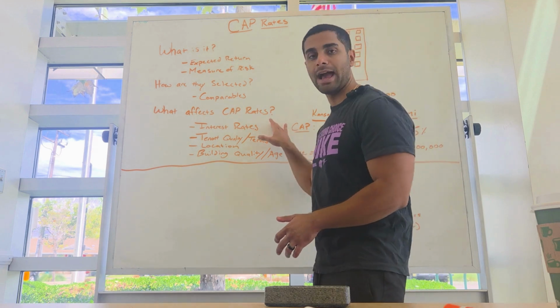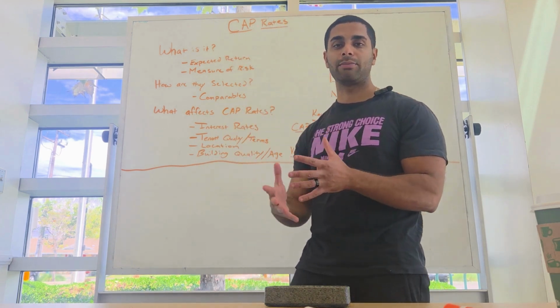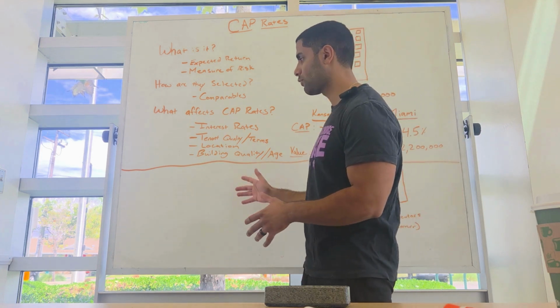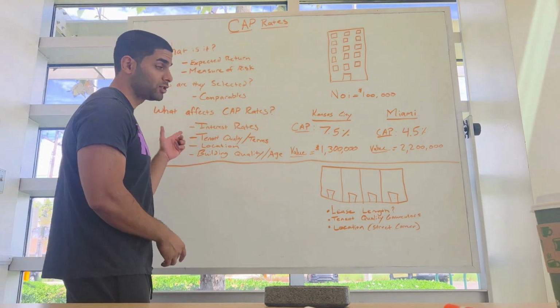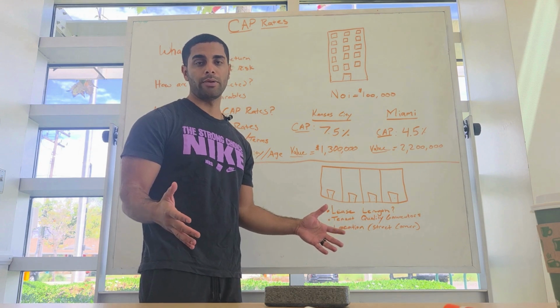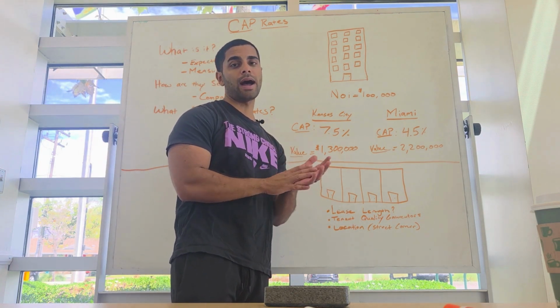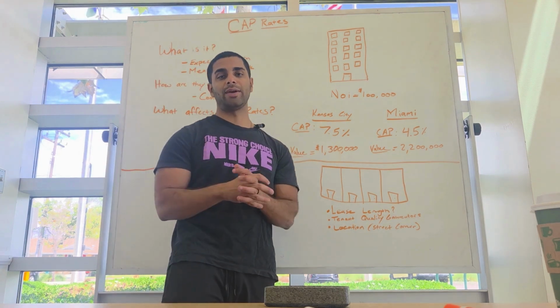All right. So what affects cap rates? How can you improve your cap rate? What is your cap rate affected by? There are many things that affect cap rates, but these are the four that really tend to move the needle, in my opinion. First is interest rates. The reason I put that first is we're in a higher interest rate environment right now, and you're seeing its effect on cap rates. It's very hard to buy an apartment building in Austin at a 5 cap when you're borrowing at a 7.